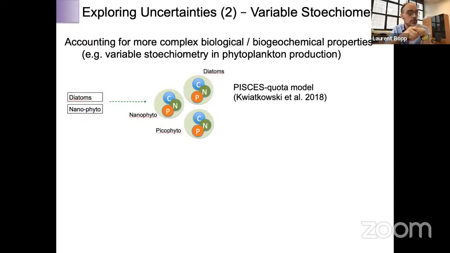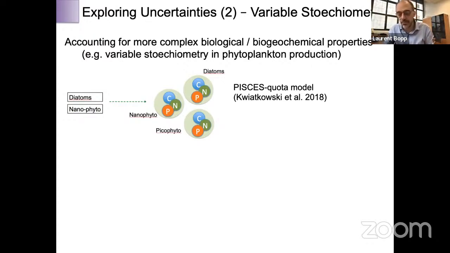And one of the assumptions we make in PISCES that we use for the projections that I showed before is that the organic matter would keep the same stoichiometric ratio between carbon, nitrogen, and phosphorus, whatever the conditions. So the model is Redfieldian by nature, meaning that whatever the conditions, the ratio between nitrogen and carbon, phosphorus and carbon, would be the same in all the organic matter compartments of the model.